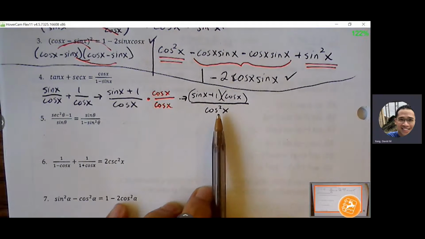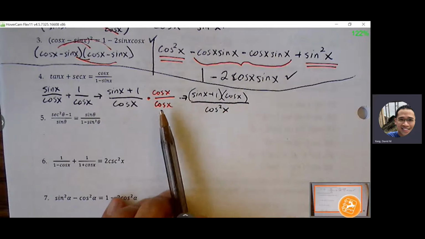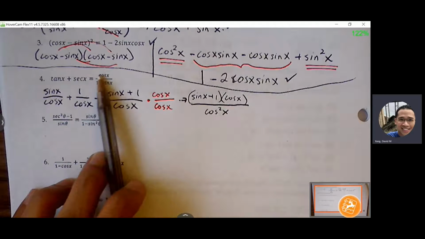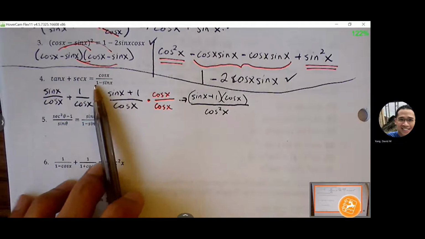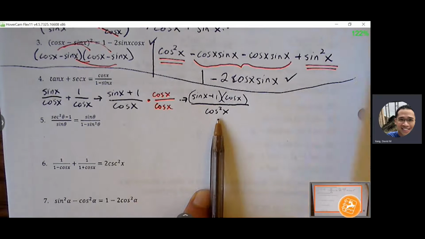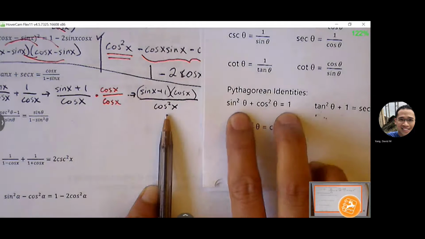Now, looking at cosine squared, thinking, okay, what if I just cancel these out? If I cancel out, then I'm back to 1. I want my denominator to show some version of sine. You can do that, right? Cosine squared, what can I do with cosine squared to turn it into sine?